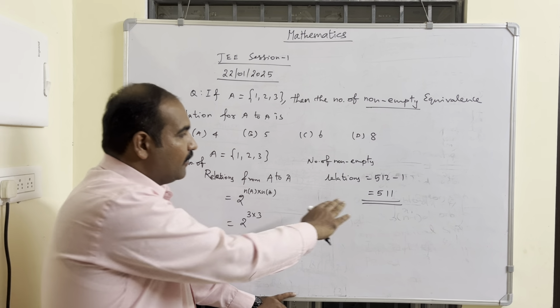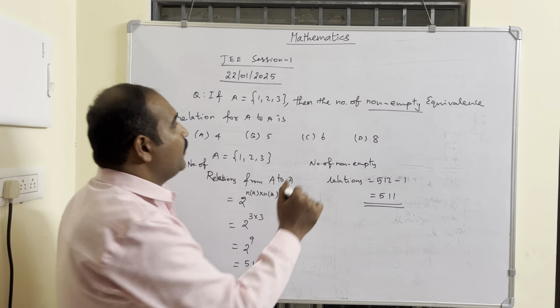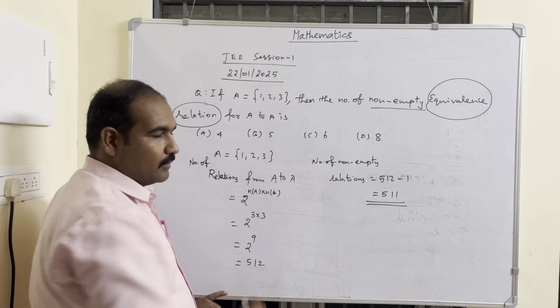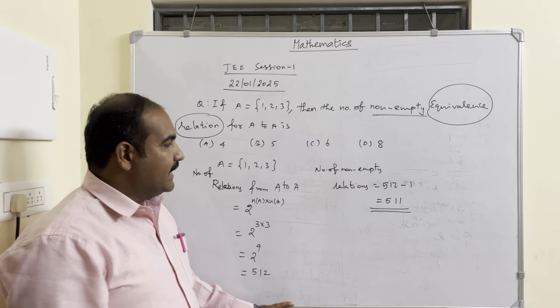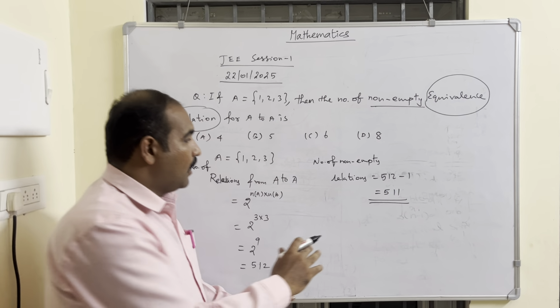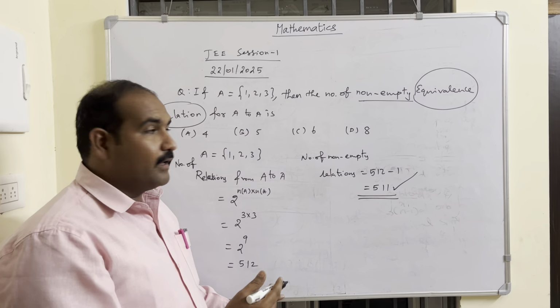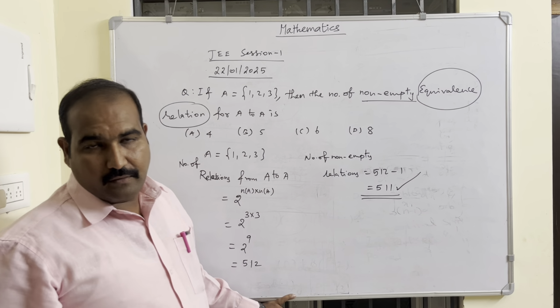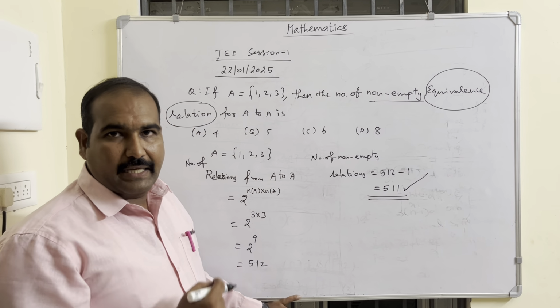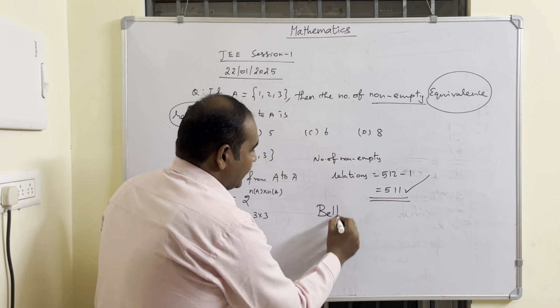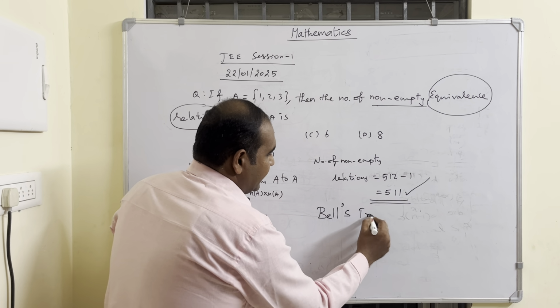Out of these 511 non-empty relations, how many of them are equivalence relations? It is impossible to form all 511 relations and check which are the equivalence ones. So for that, we have a small trick called Bell's triangle.